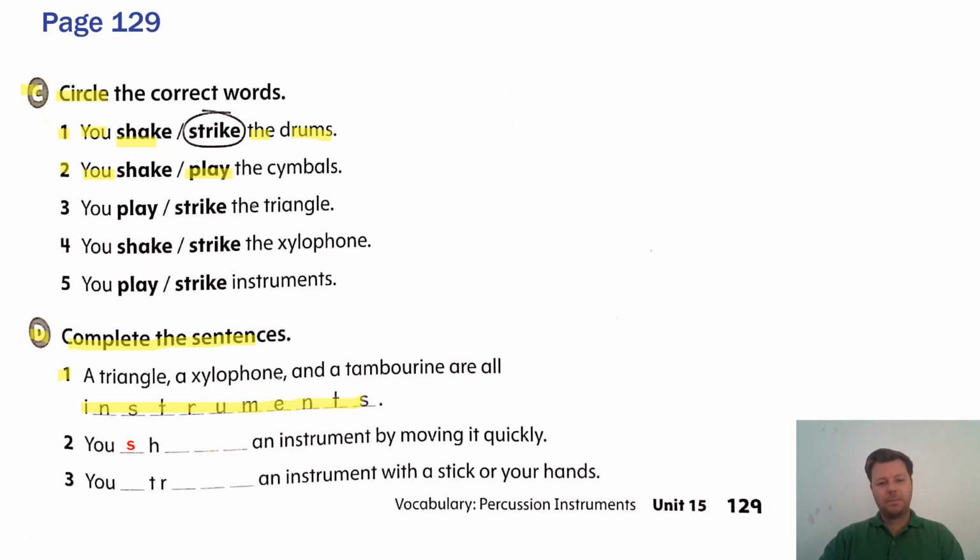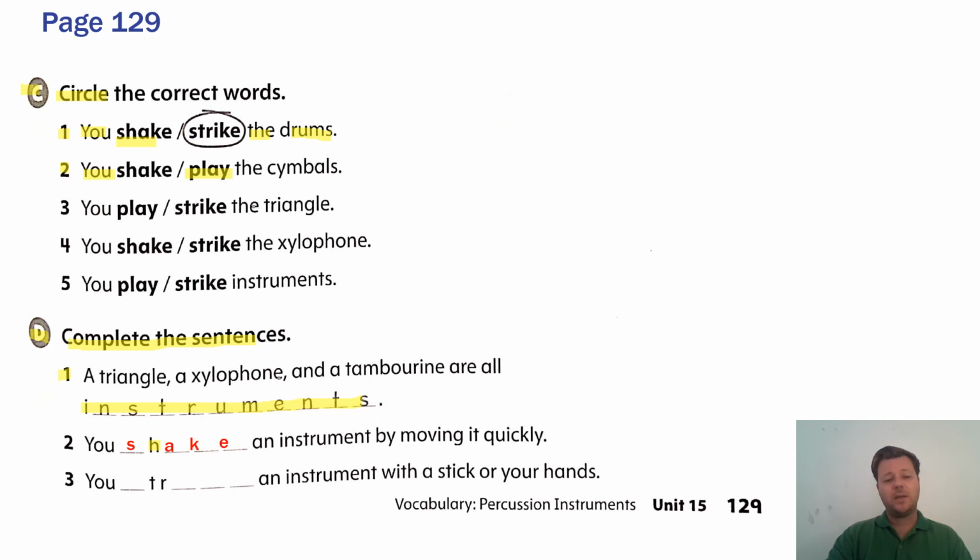You blank an instrument by moving it quickly. Remember a tambourine? We make a sound by moving it and shaking it, and we do that quickly. So see, they've given us a clue. So they've given us H. So already we can think of the word shake.